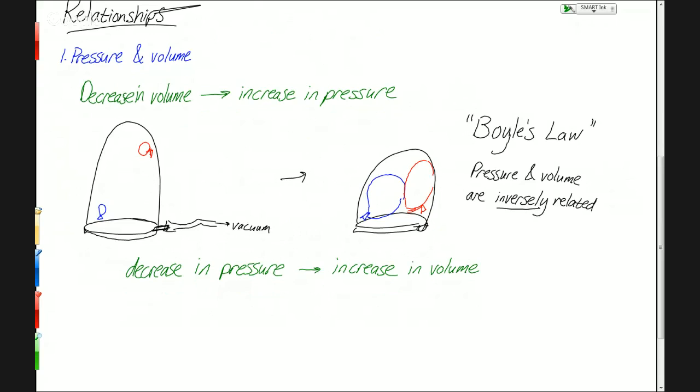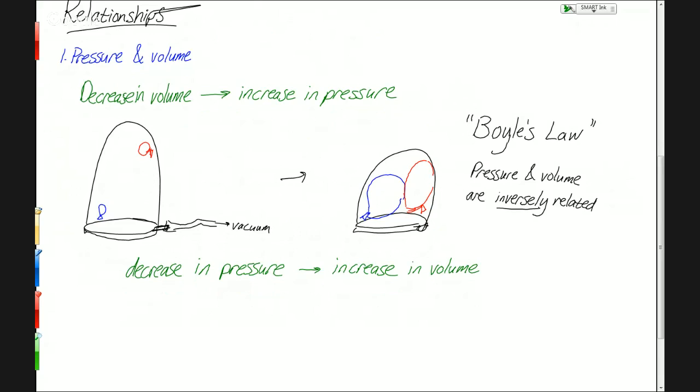That term, inversely related, means when something happens to one thing, the opposite happens to the other thing. An inverse relationship means one goes up, the other one goes down. And so that's what I want you to think about with pressure and volume: understand that relationship and think about that relationship.